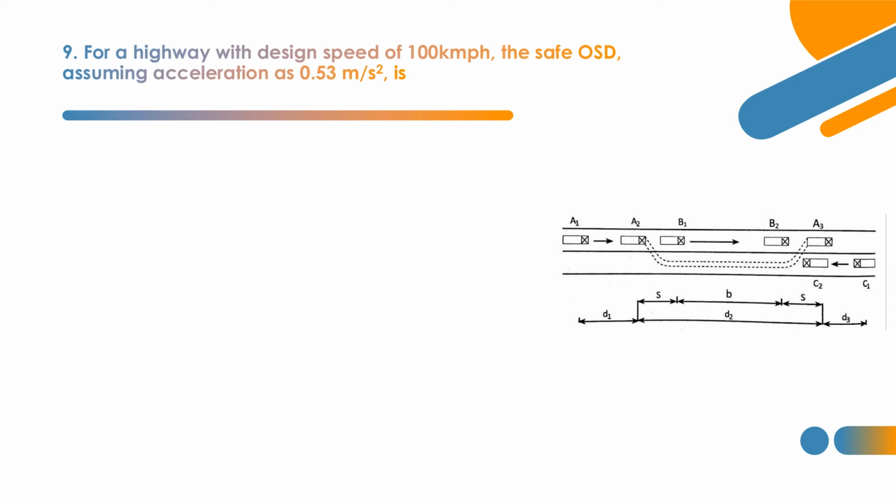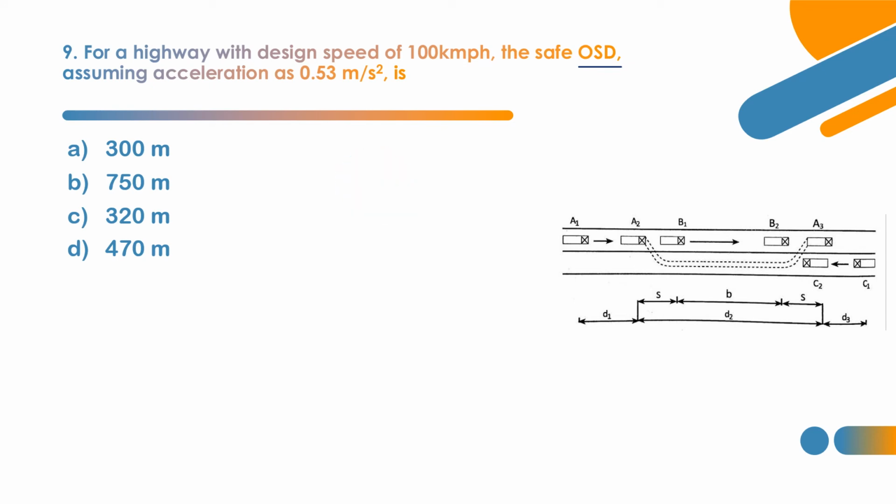This question is based on OSD calculation, one important concept in highway engineering. OSD, overtaking sight distance. They have given the design speed of the highway and the acceleration as 0.53 meter per second square. So these are four options to get the answer for safe OSD value.